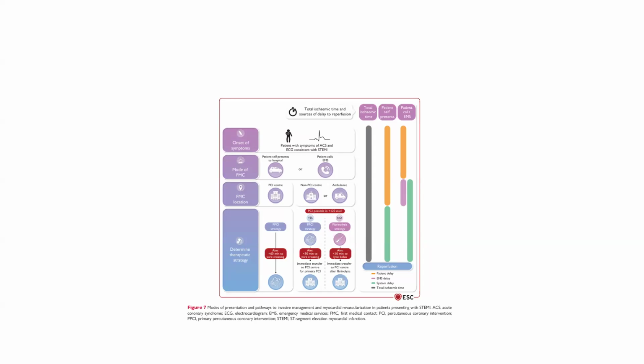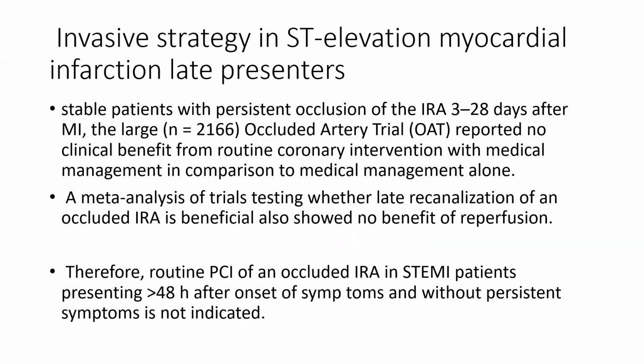If PCI cannot be done within 120 minutes, then we should initiate fibrinolysis. The time to fibrinolysis should be less than 10 minutes, and then we transfer the patient to the PCI center.